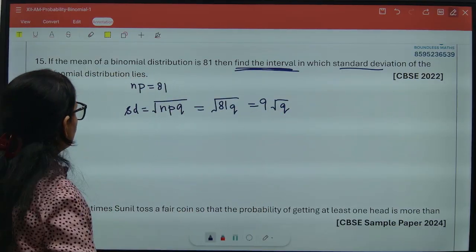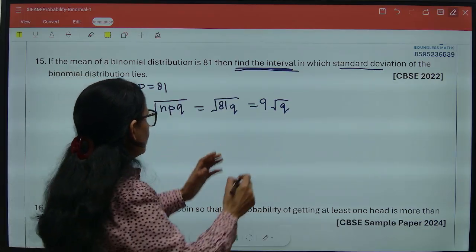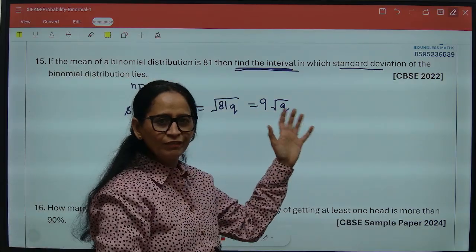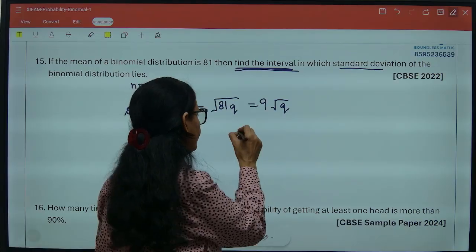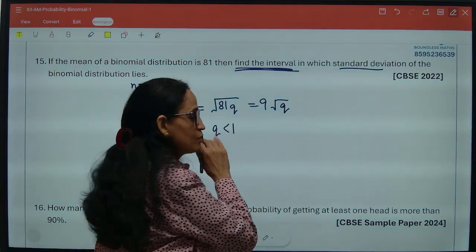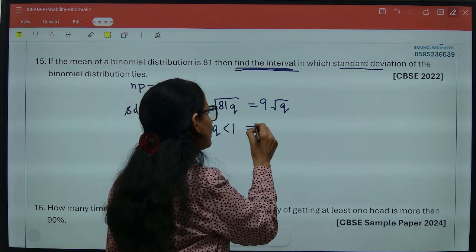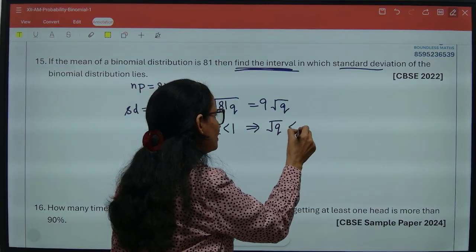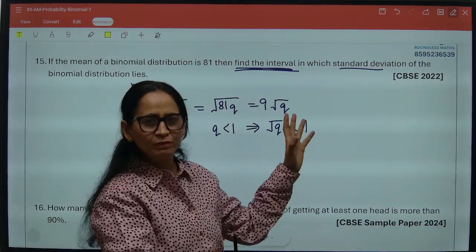So we need to find the range for this. Now q, the probability of failure, is always less than 1 because it is a probability. So that means square root of q will also be less than 1. It is going to be a decimal number.